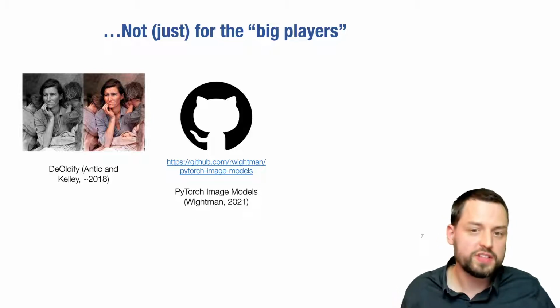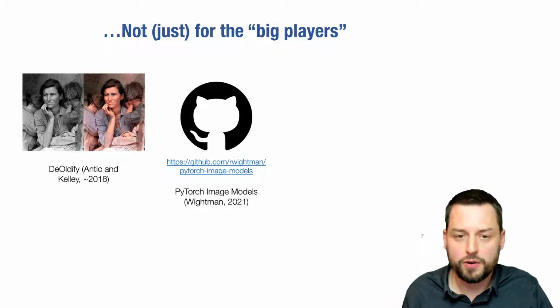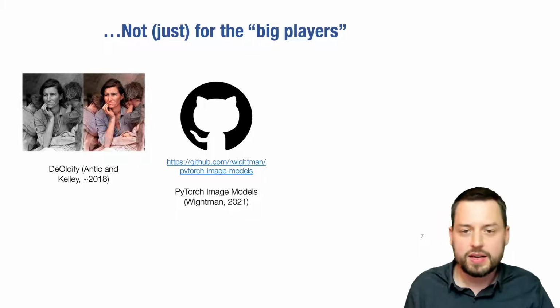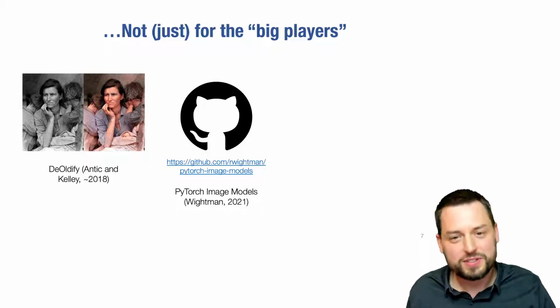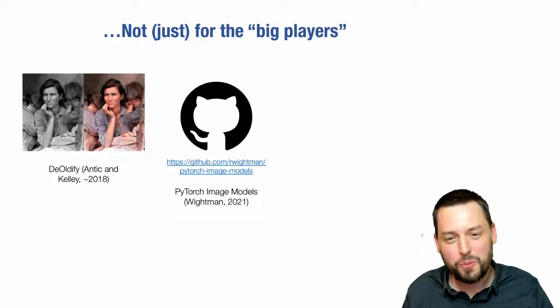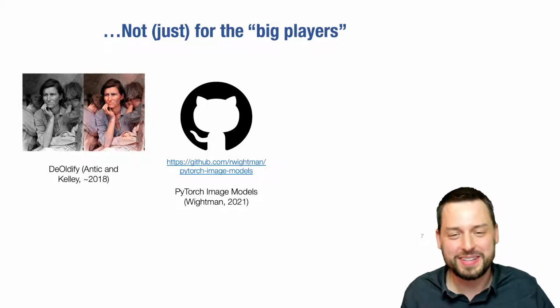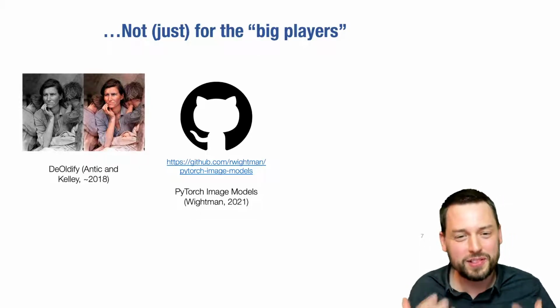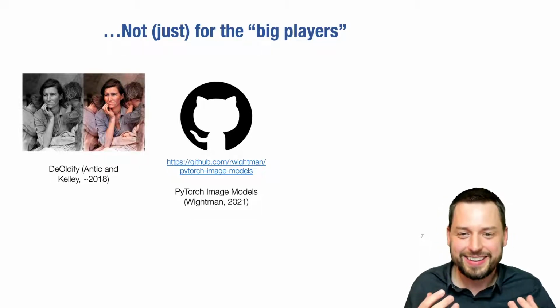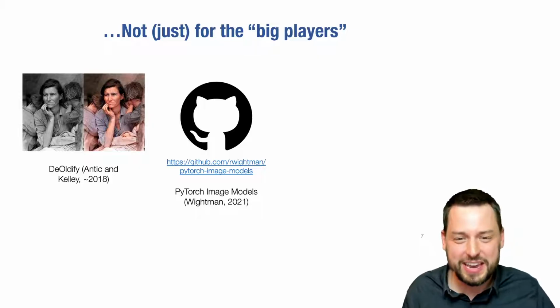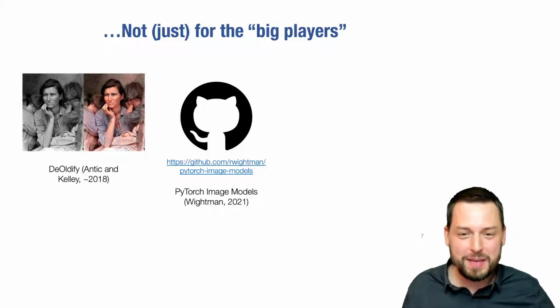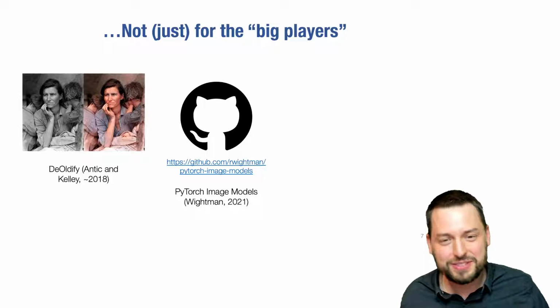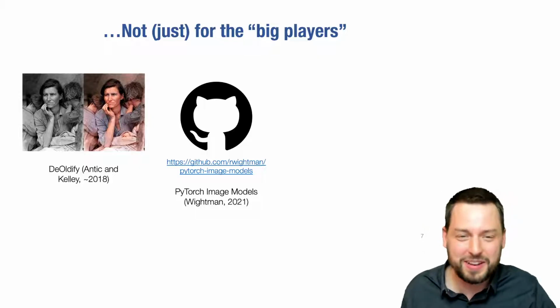If you work in computer vision these days, you've probably heard of the PyTorch image models, or timm library. This is essentially work by one person, with some help now, but at least starting out one person, Ross Wightman, who wanted to implement a whole lot of deep learning image classification models from many, many papers and test them all out on benchmark data.